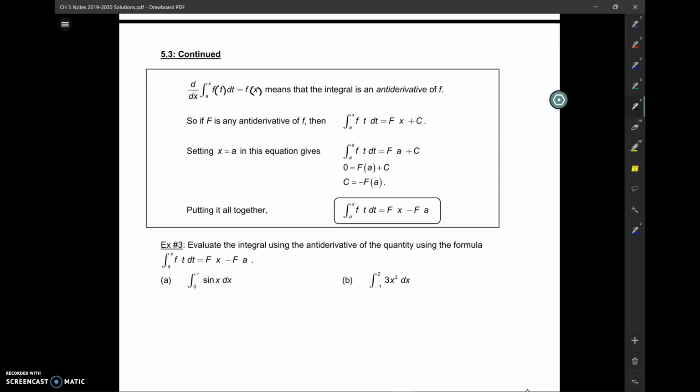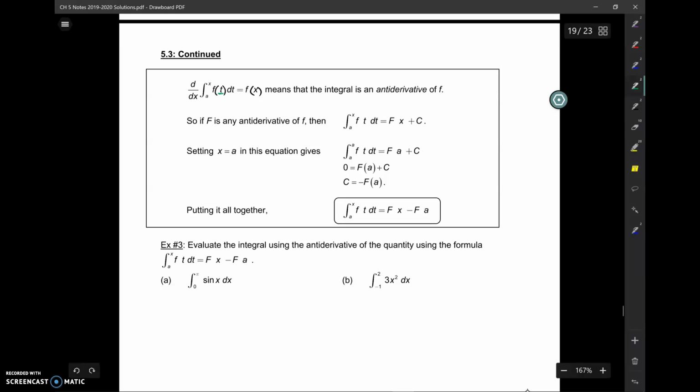The function here, the integrand, what is inside the integral, is f of t. What's the variable there? It's t. But now I have my limits going from a to x. And when I take a derivative with respect to x, yes, I get the same function back, but what happened to the variable? It changed to x, right? So I started out with the integral of f of t.